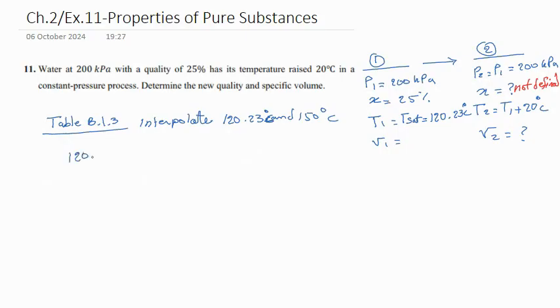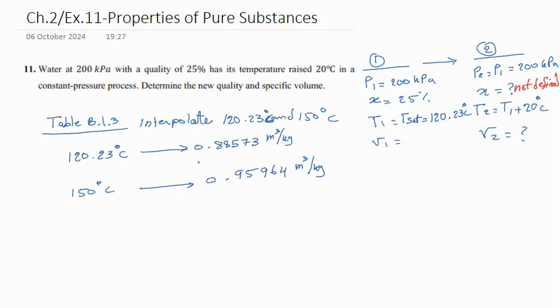We found previously that at 120.23 the specific volume was 0.88573, and at 150 degrees Celsius it was 0.95964.